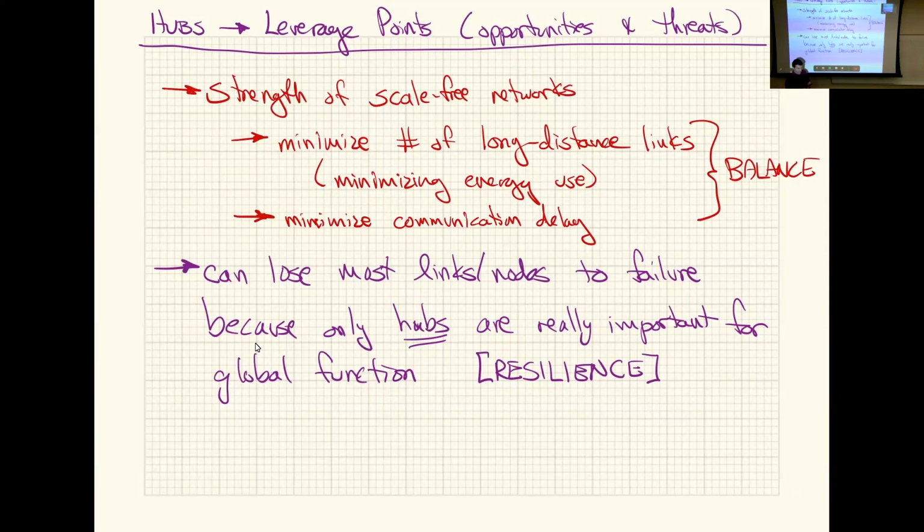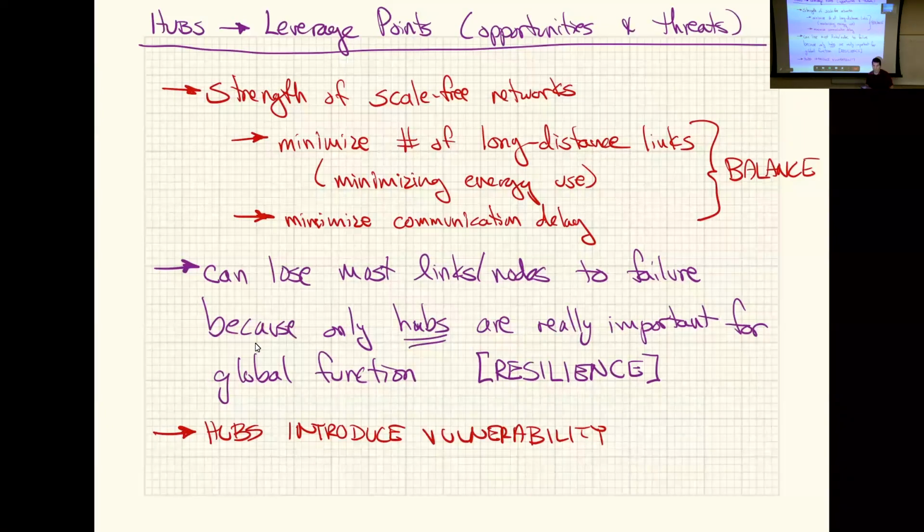The flip side, though, is that hubs introduce vulnerability. If you wanted to take down the whole airline network, you would just attack Chicago O'Hare. Or a storm hits Chicago. The fact that we put a hub in Chicago seems really stupid because of the weather that goes through Chicago.